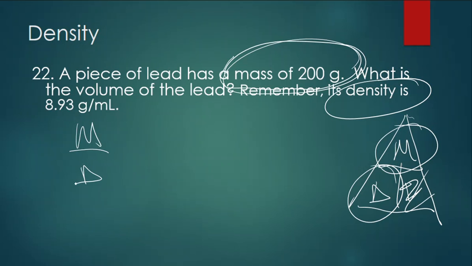M over D, 200. Uh-oh, I'm confused, Junie. I have a milliliter in the denominator. I have a denominator in the denominator. That's confusing. So what do I do? Move it.